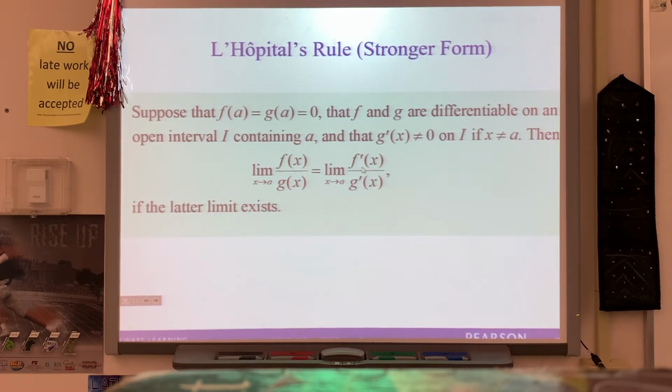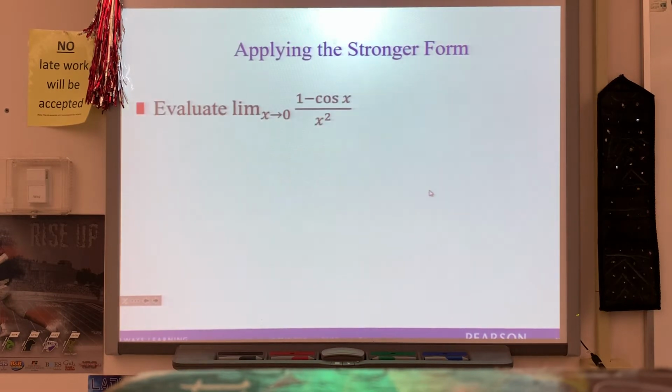So potentially I might end up needing a second derivative of our original function up here, divided by a second derivative of our denominator function, in order to not have an indeterminate form of 0 divided by 0. Okay, so let's take a look at an example of L'Hopital's rule needing to use the stronger form.